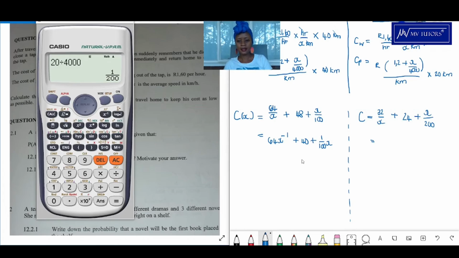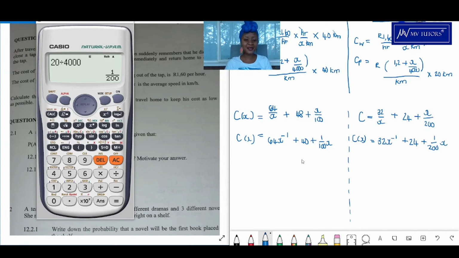Here again, cost in terms of x. I have 32 times x to the power minus 1. It's just better getting rid of fractions, especially when you're going to differentiate. It just makes life so much easier.